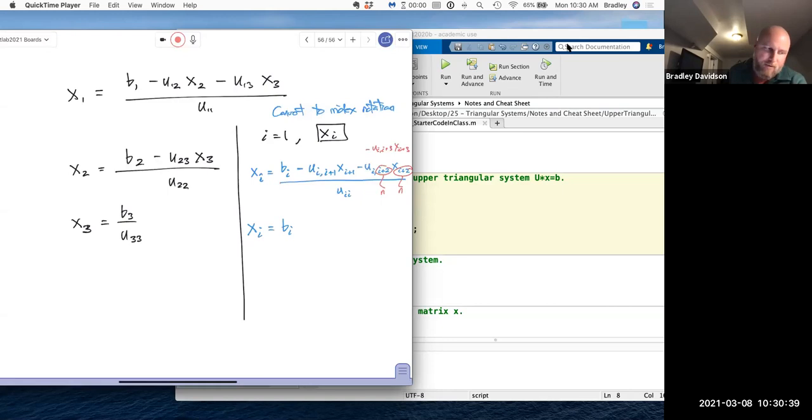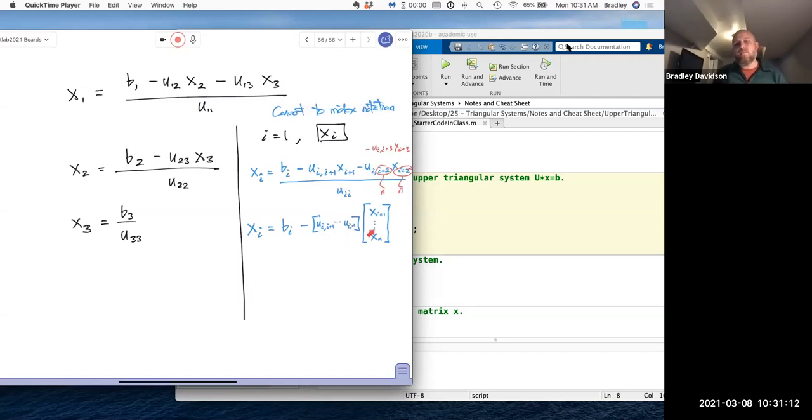But for our x sub i, we can subtract u sub i, i plus 1, all the way to u sub i, n, multiplied times the column matrix x sub i plus 1, all the way to x sub n.